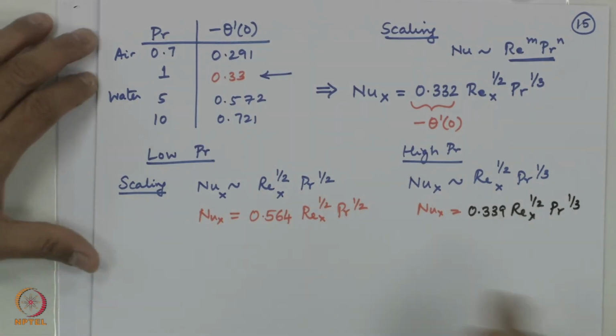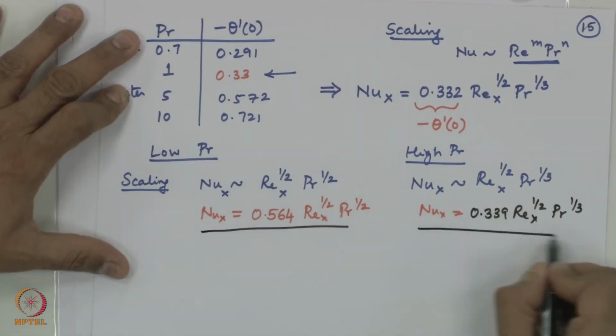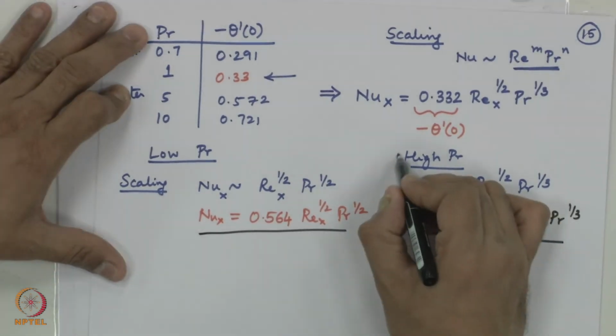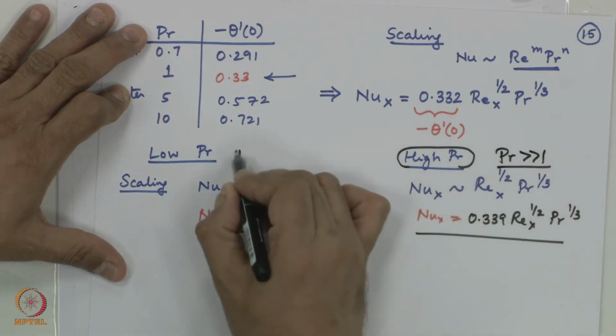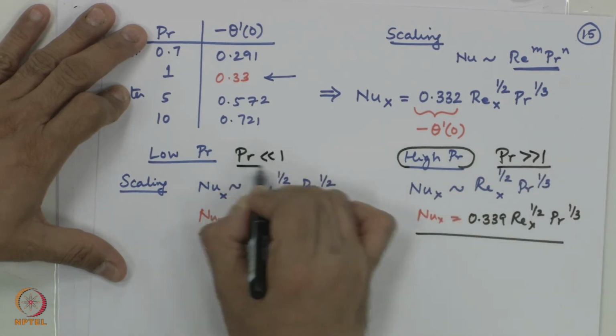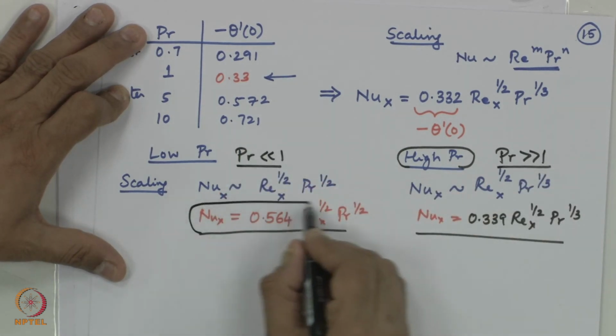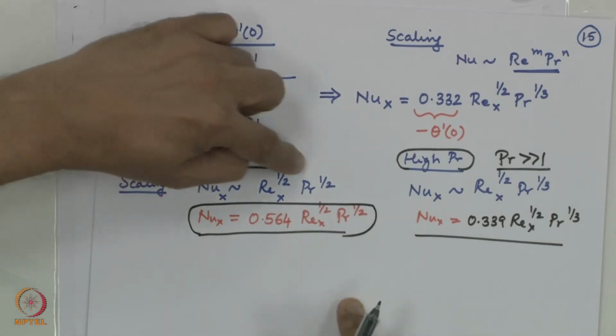And believe it or not, these are what you would see in textbooks as correlations for Prandtl number greater than 1 and correlations for Prandtl number less than 1. Scaling analysis gave me these powers.